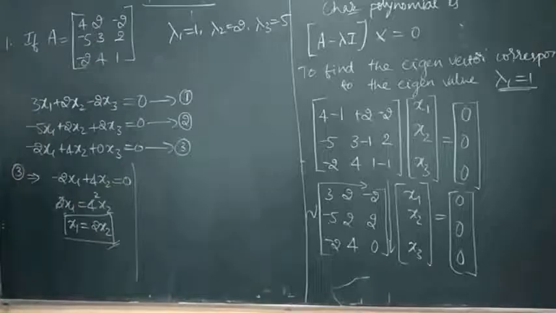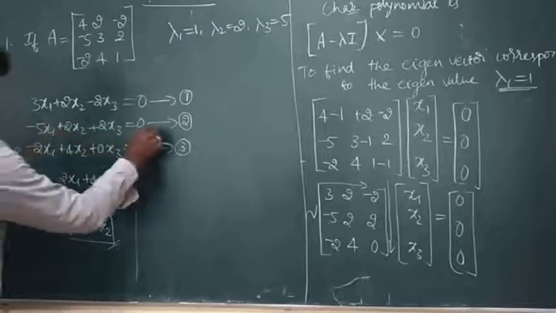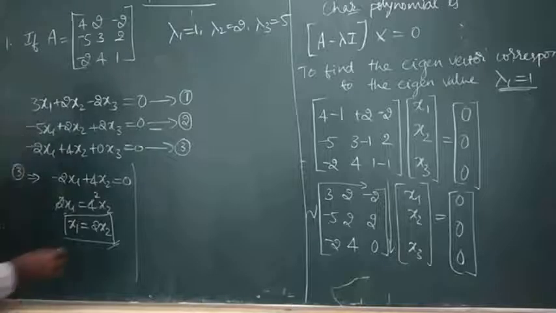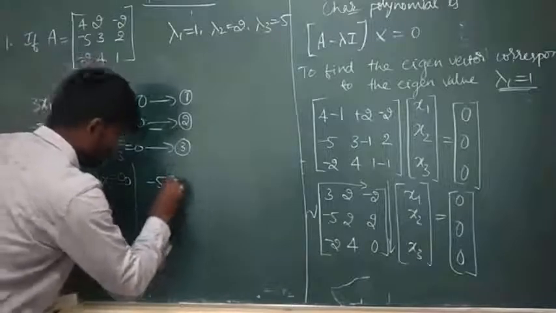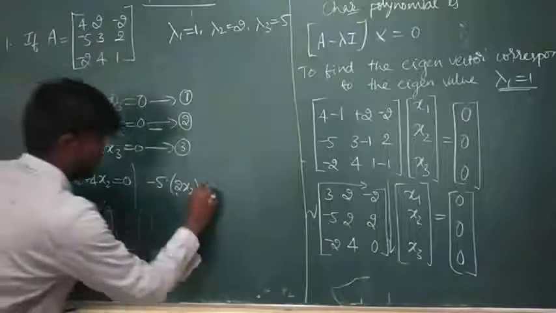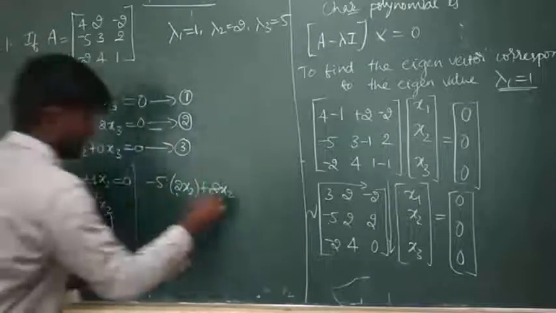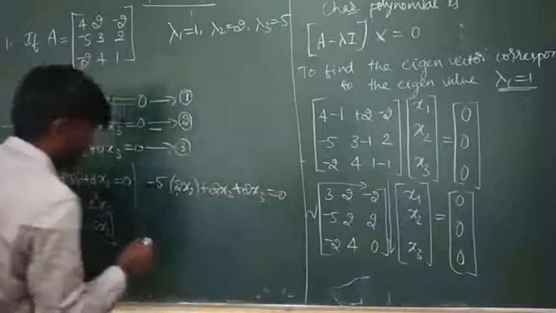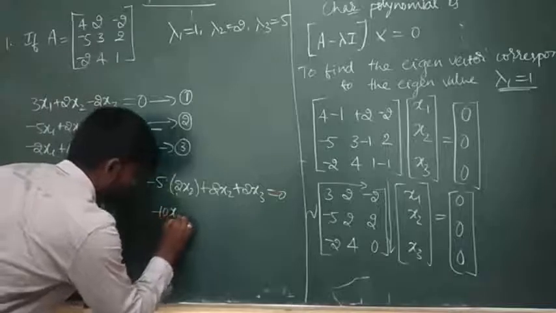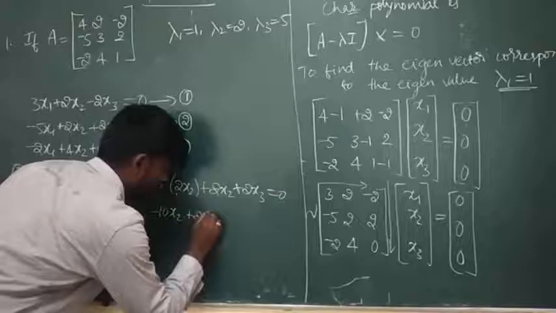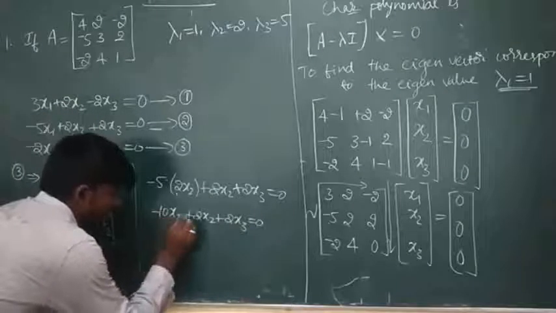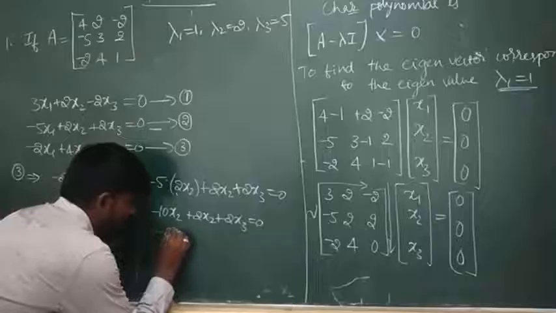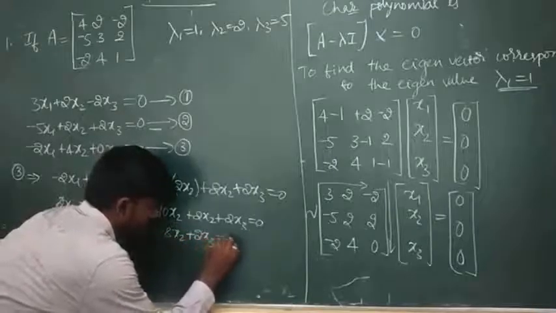By substituting this x1 value in equation 2, we get minus 5 into 2x2 plus 2x2 plus 2x3, which is equal to 0. Therefore, minus 10x2 plus 2x2 plus 2x3 is equal to 0.